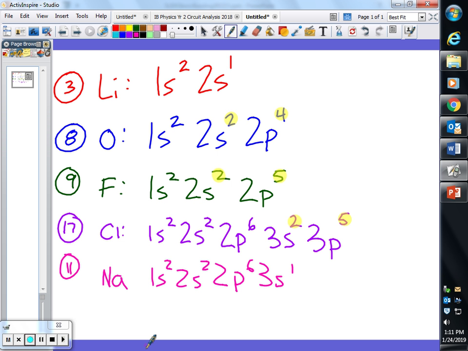However, if it were to pick up 1 extra electron, right now, the way it's written, it has 11 protons and 11 electrons. Yes? If I put another electron here, now how many total electrons would that sodium atom have? It would have 12.